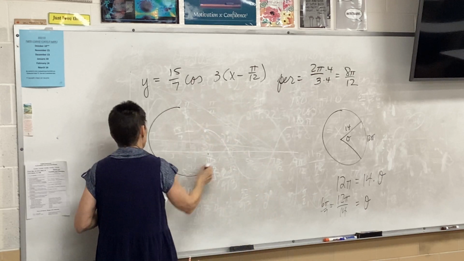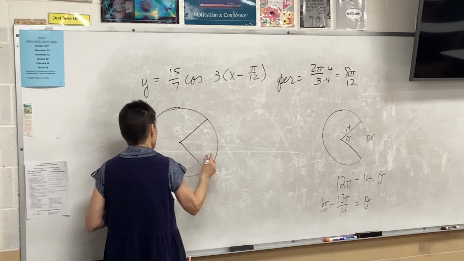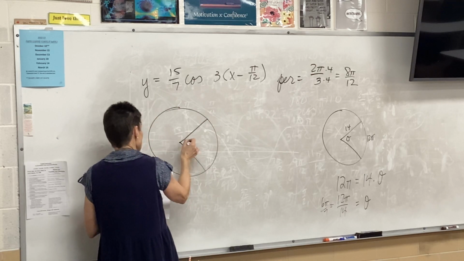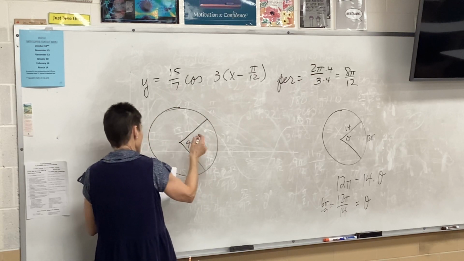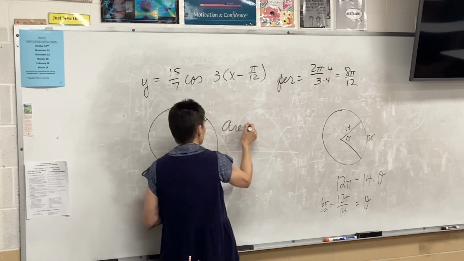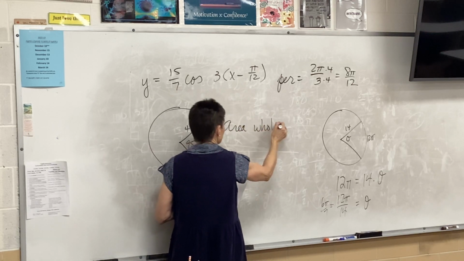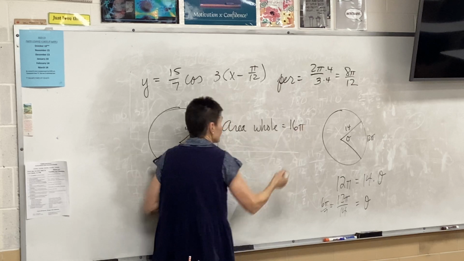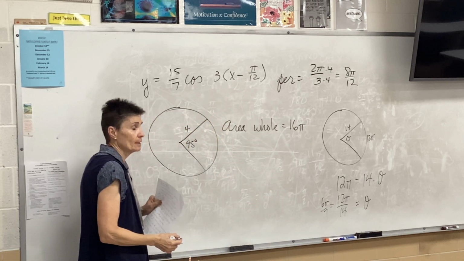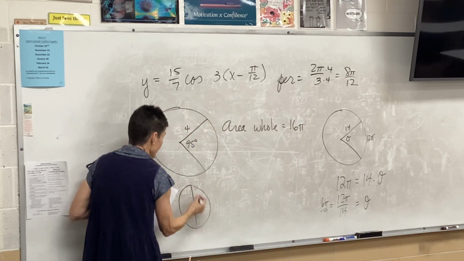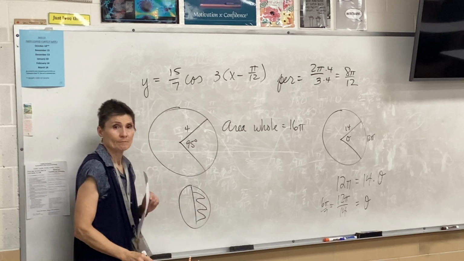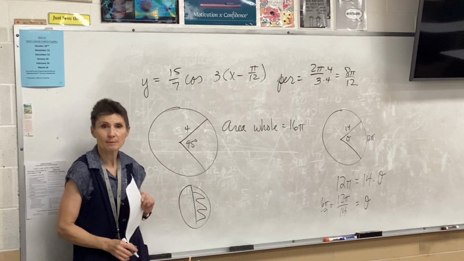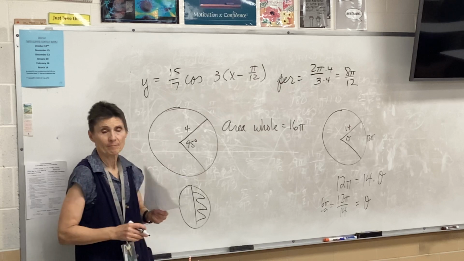And the second one I already did. Somebody asked about it today, actually, I think. This angle is 95 degrees. The radius is 4. The area of the whole circle is 16 pi. If I wanted this shaded area, you'd take half of 16 pi and say 8 pi.